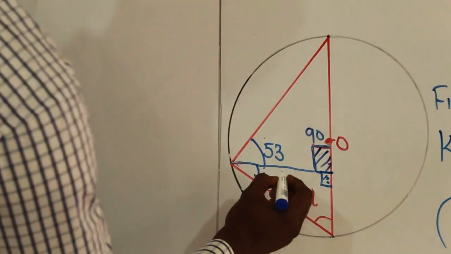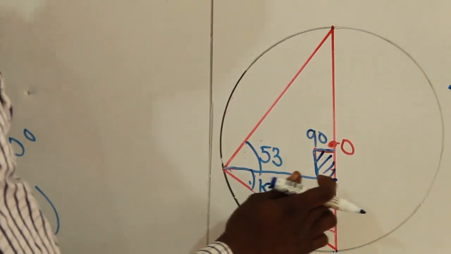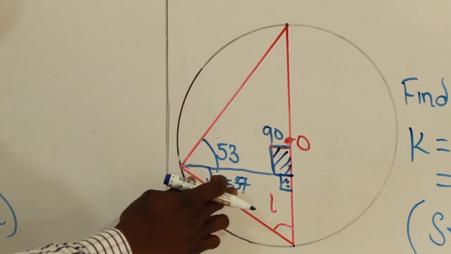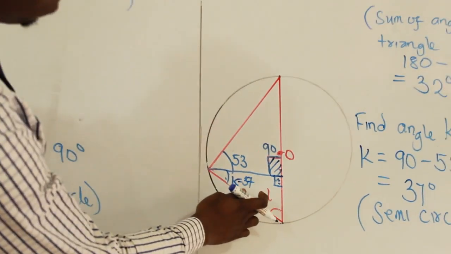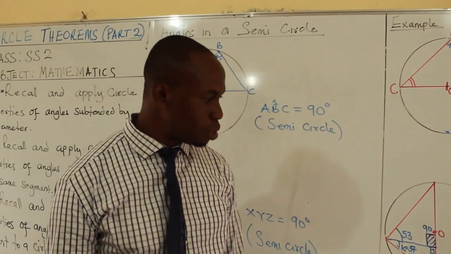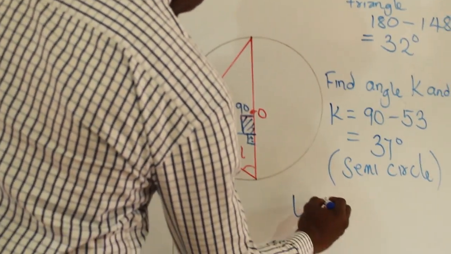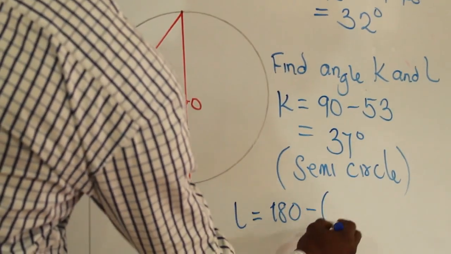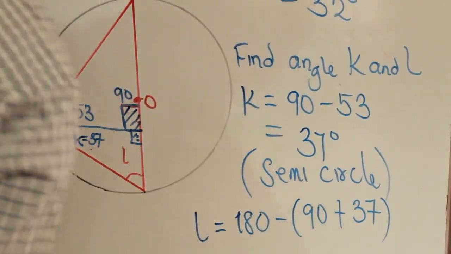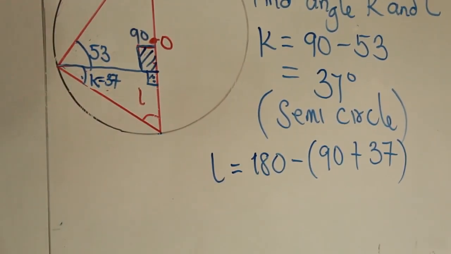We have just found K to be 37. If this is 37 and this is 90, then it becomes possible to get L, because if you know two angles of a triangle, then you can always know the third. So L becomes equal to 180 minus the sum of 90 and 37.